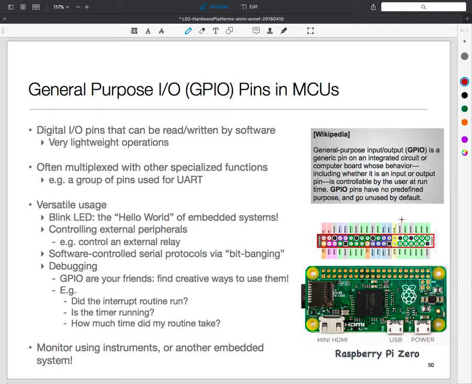There are lots of interesting usages for it. Firstly, the hello world of standard programming is to blink the LED. I mean, your platform is up and running. I don't know if you guys noticed last time when you got that board, the very first time around, it had the blue LED blinking, because that was my test application to make sure that the platform was up and running.